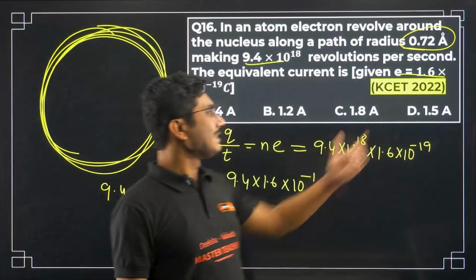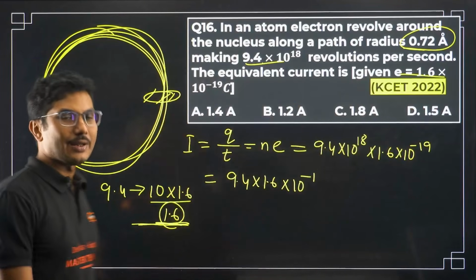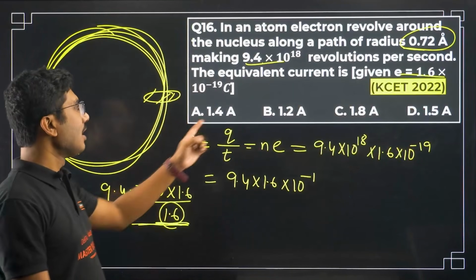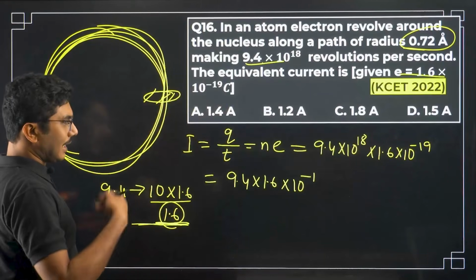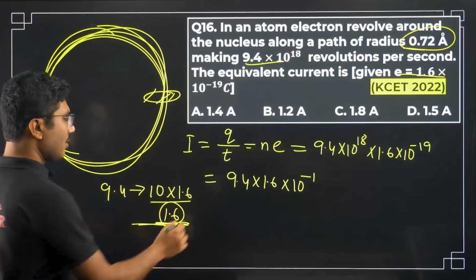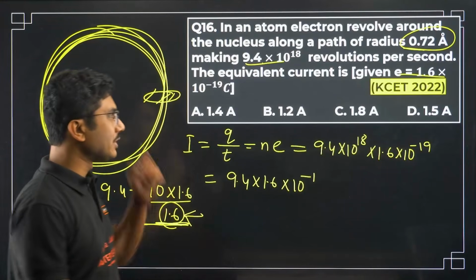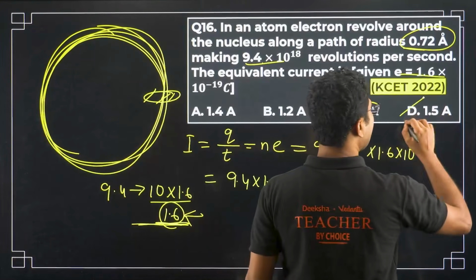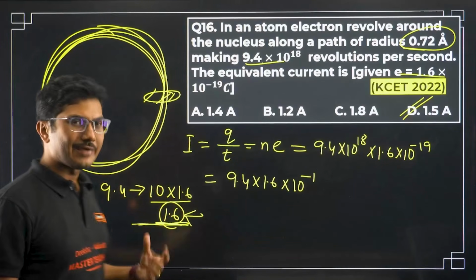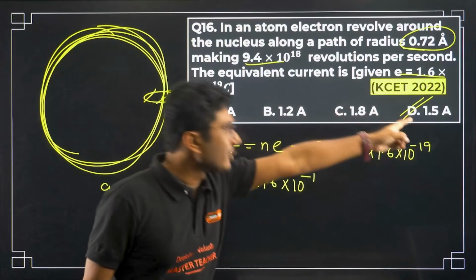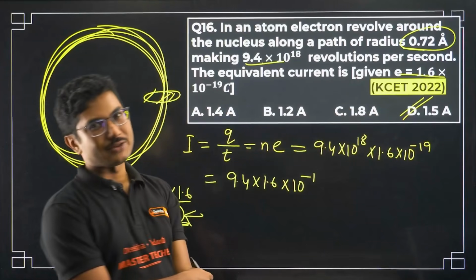But in this case, it is slightly difficult. You might think 1.4 or 1.5. So obviously, you have to take the closest number to this value. The closest number is 1.5 and not 1.4. So you can safely answer 1.5.